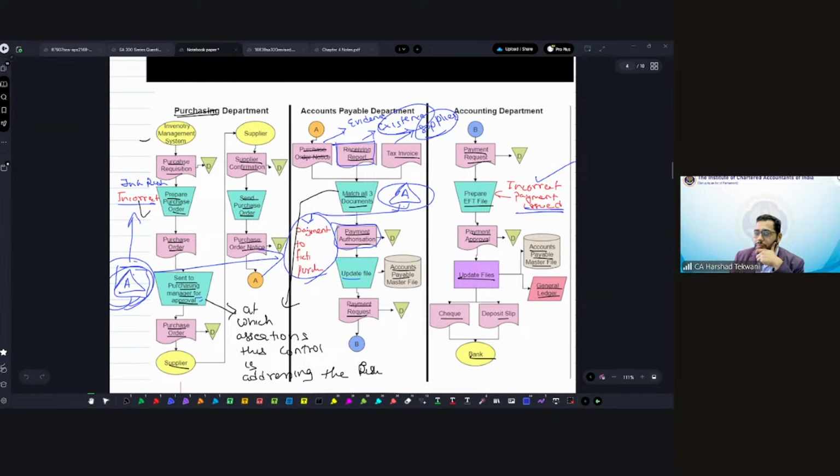Anyone? No? Okay, no issues. I'll explain with an example what components I'm talking about. Let's break down this particular component.